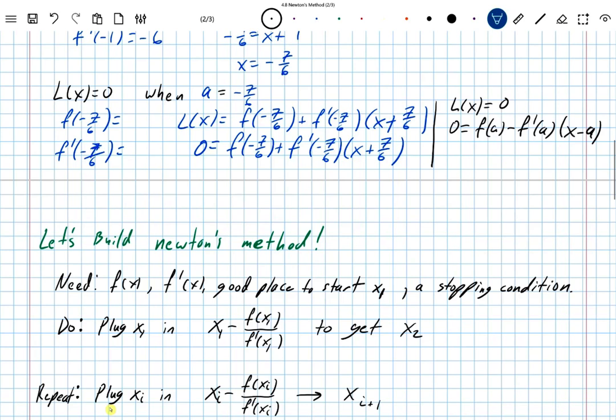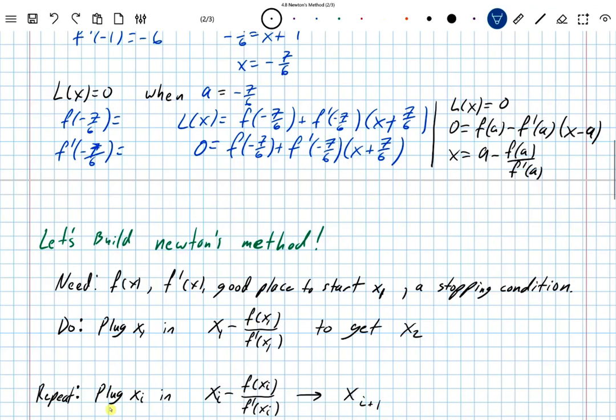Now, if I were to solve that, I would get something that looks like x equals a minus f of a over f prime of a. Okay, just solving for x.